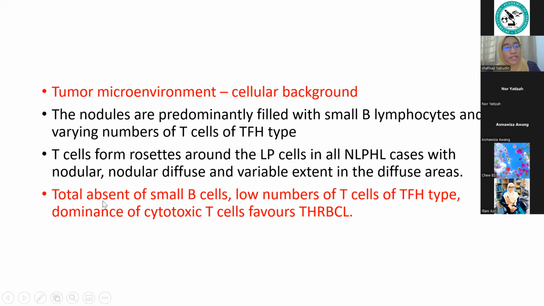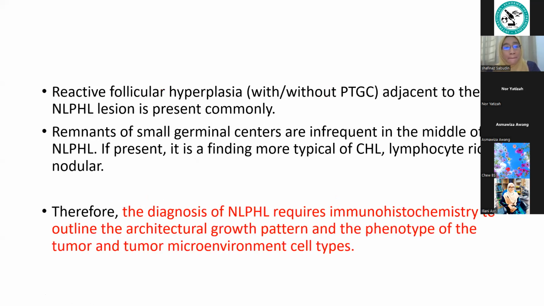So if there is a total absence of small B cells and very low numbers of T follicular helper cells, but a dominance of cytotoxic T cells, it is more in favor of T-cell histiocyte-rich B-cell lymphoma than nodular lymphocyte predominant Hodgkin lymphoma.